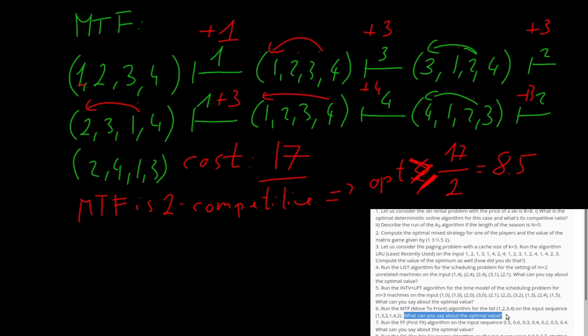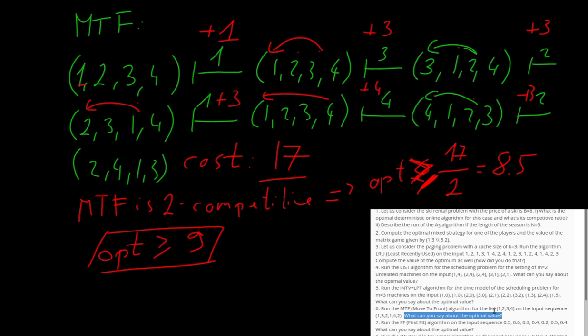And of course the optimum is an integer because we always pay integer values, so you can just finish your task by stating that the optimum value has a cost of at least 9.